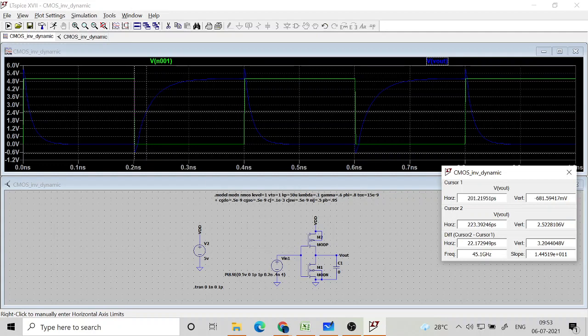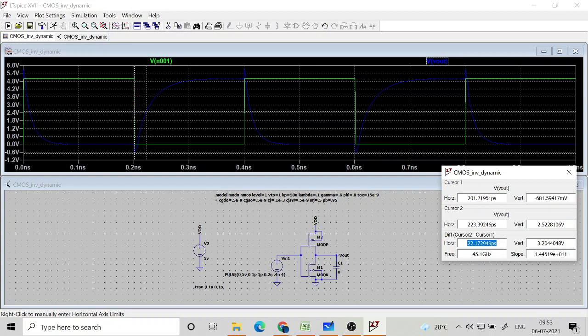So 200 picosecond to 223, and the difference gives you the rise time. So it is 22 point something. Earlier the fall time was 11, but the rise time is 22.